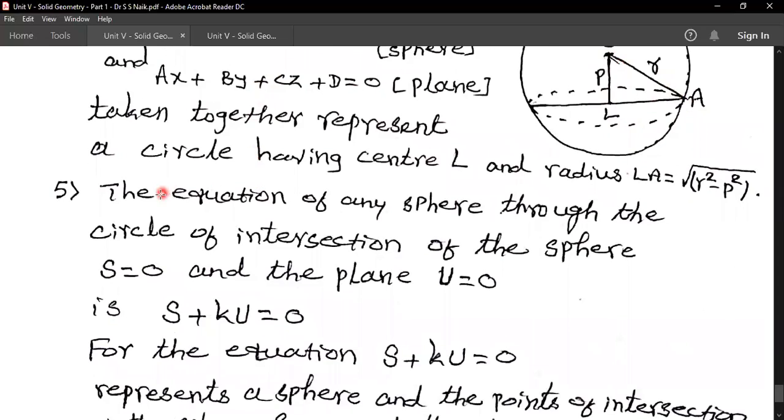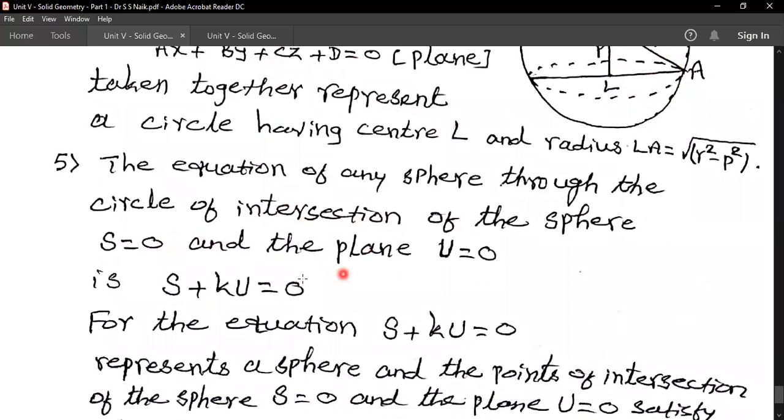Then we'll see the equation of any sphere. So this is the next part. The equation of any sphere through the circle of intersection of the sphere S equal to 0 and the plane U equal to 0 is S plus KU equal to 0. So S equal to 0 is the equation of a sphere, and U equal to 0 is the equation of a plane.